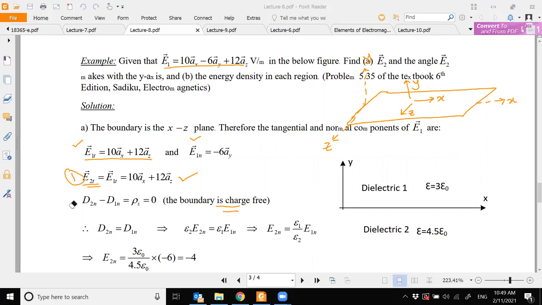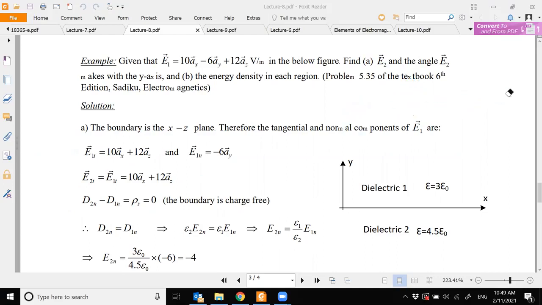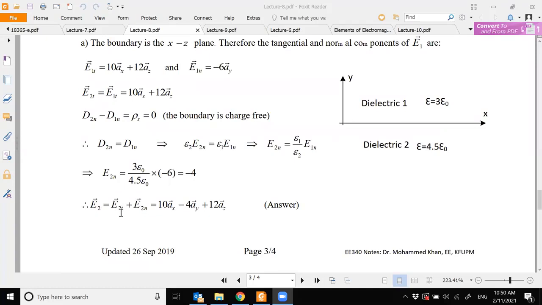Therefore you get E2 normal equal to minus 4. Once you know the normal component, your E2 is E2 tangential plus E2 normal, which is 10 ax minus 4 ay plus 12 az.